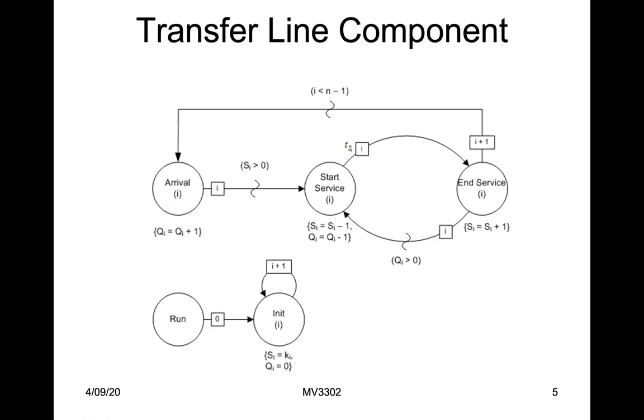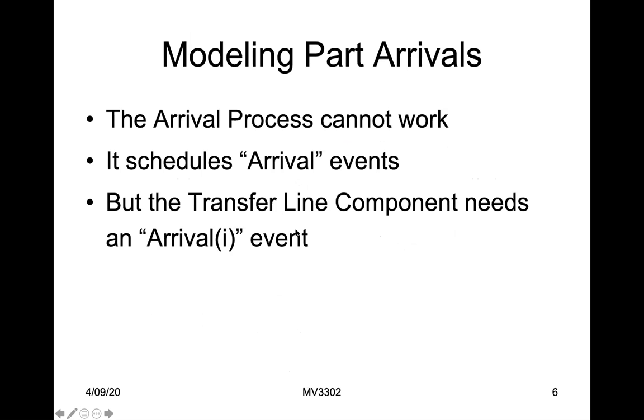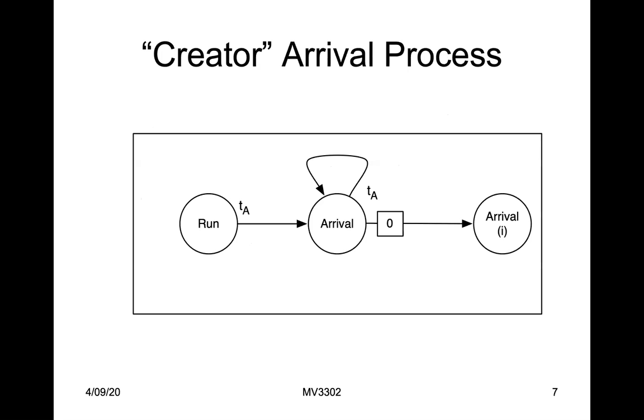Why doesn't it work? Because the arrival process schedules an arrival event with no arguments, and this is looking for an arrival event with an argument. So the arrival process cannot work because it schedules arrival events with no argument. The transfer line component needs an arrival I event, that is an arrival event that has an argument I.